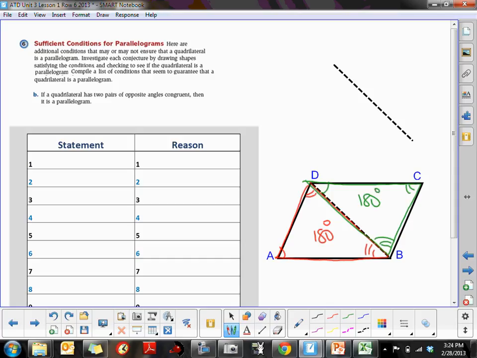Now this comes back to a fact that we can say that in any quadrilateral, in any four-sided figure, there are a total of 180 plus 180 or 360 degrees of angle measure.